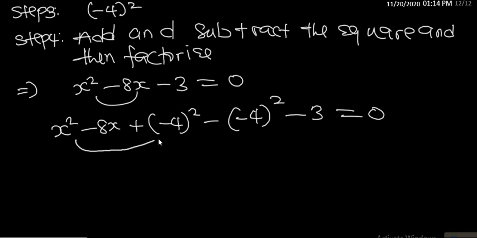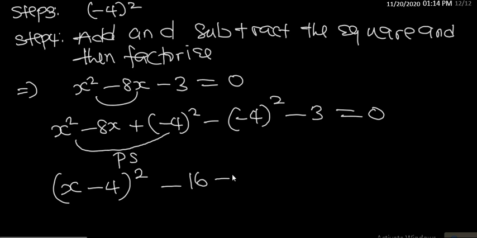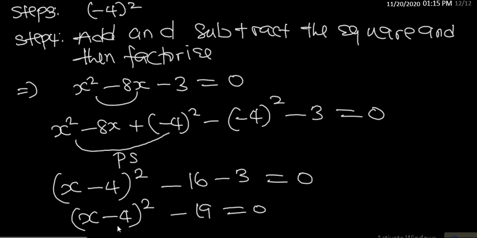And of course, this is a perfect square, so we can factorize it to form x minus 4 squared minus 4 squared, which will give us minus 16. Minus 16 minus 3 equals to 0. That gives us x minus 4 squared minus 19 equals to 0. And guys, we can solve this equation now with the square root method.